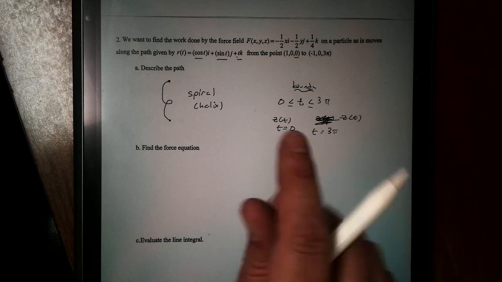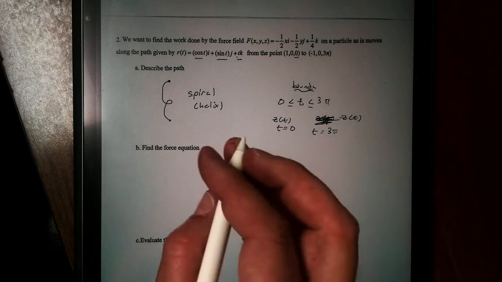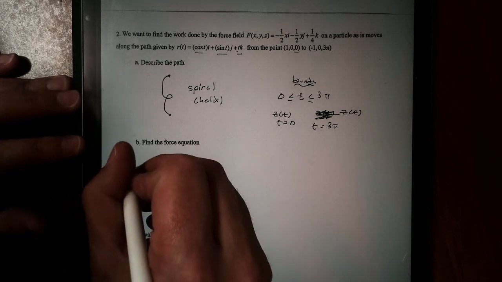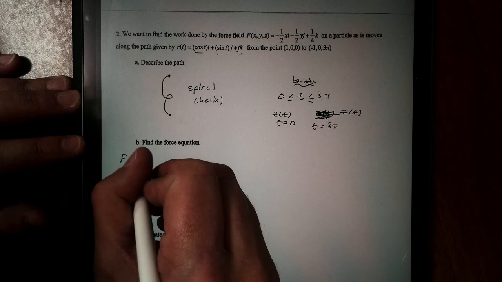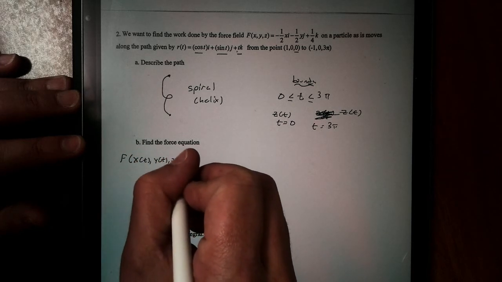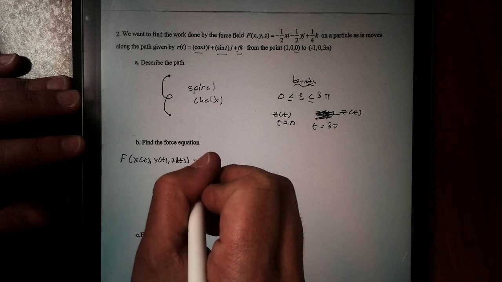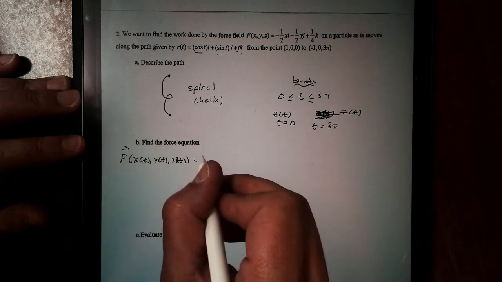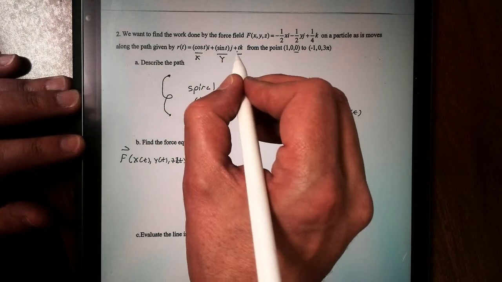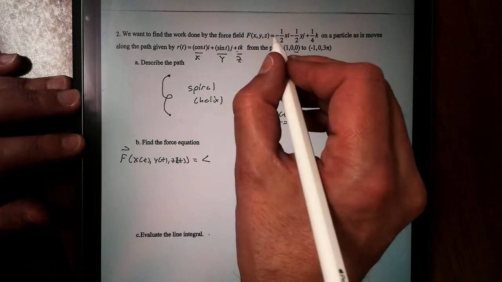Now we're going to go ahead and write our force equation. I want my force to be a function of t, x of t, y of t, z of t. It's really not that hard to get. I'm going to write this as a vector because I'm told x is cosine, y is sine, z is t. So I can just go up here.